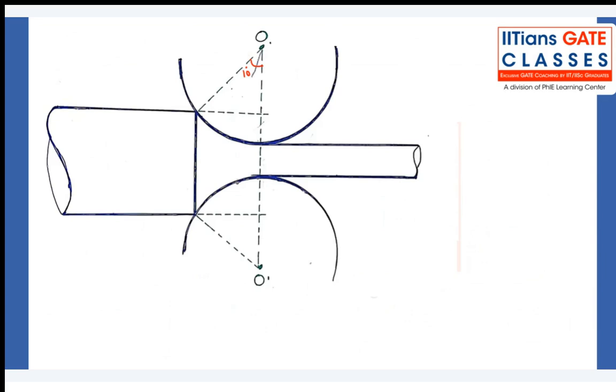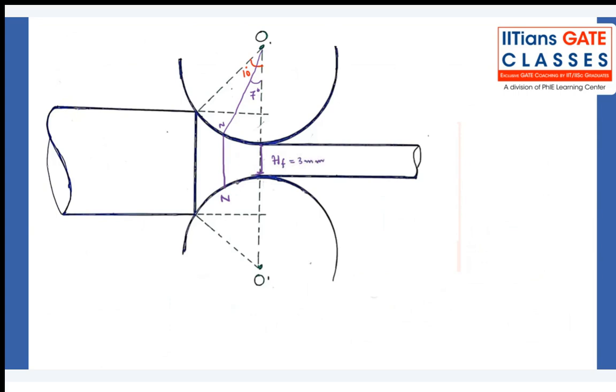From the exit, the sustaining angle will be 7 degrees. And from here, the neutral plane is going to be presented. This is the neutral plane. And this is given: HF is equal to 3 mm.